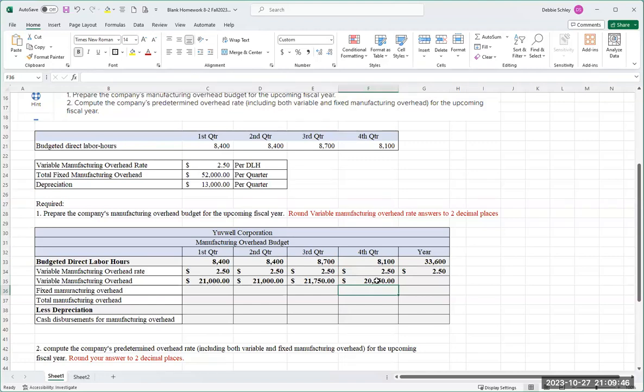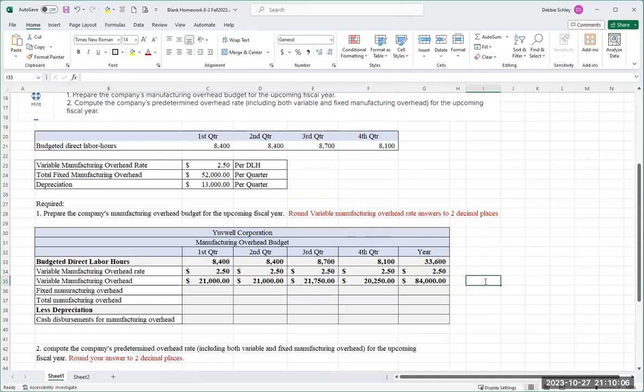Now, on this line, I can either add those across or multiply right here. So I think I'm going to try multiplying the total hours times the rate, and that gives me the 84,000.